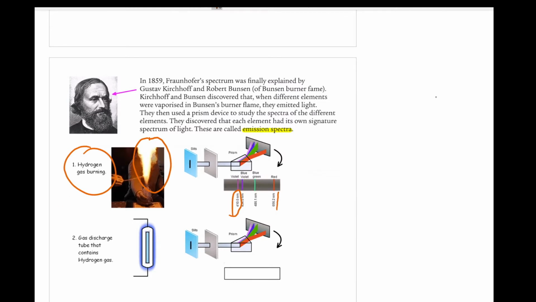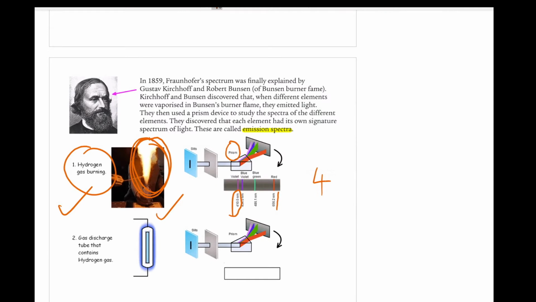So this hydrogen gas is emitting light, and by using a prism we are able to split that light up into the 4 wavelengths that make up this light.